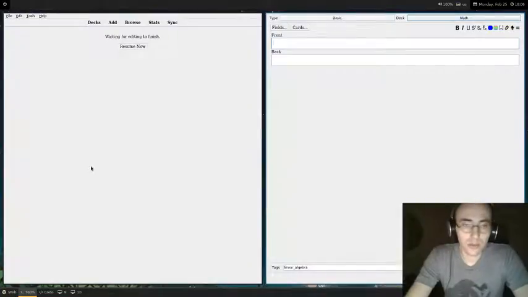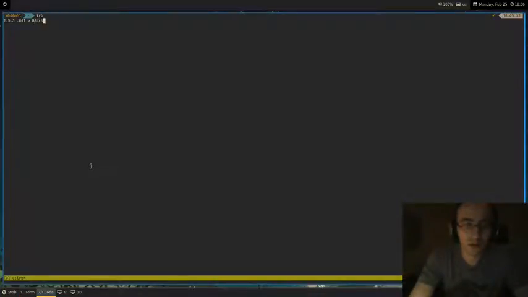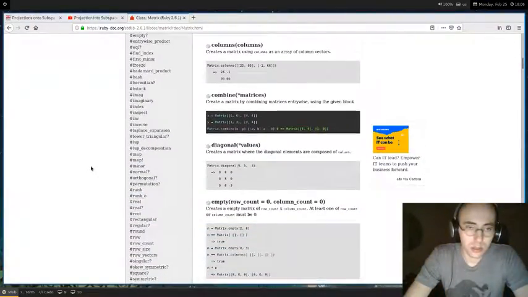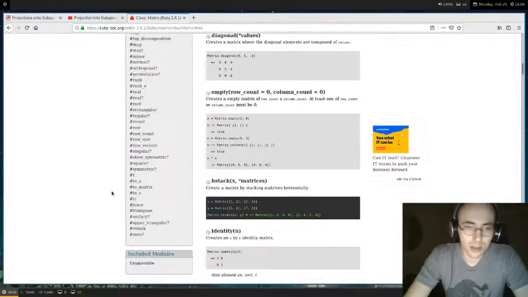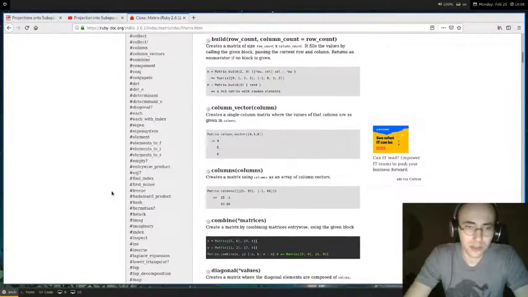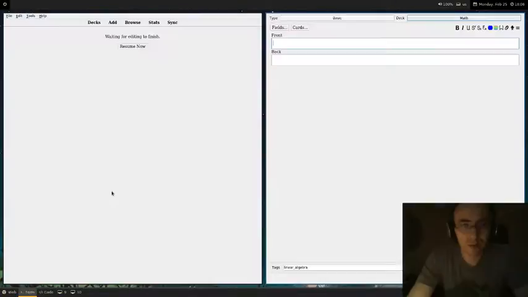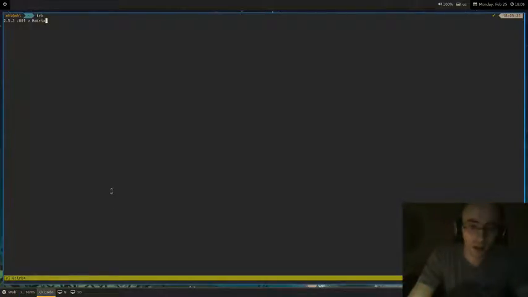Okay, so matrices are created as such. Okay, I cannot actually calculate the projection matrix from the get-go, so let's do it step by step.